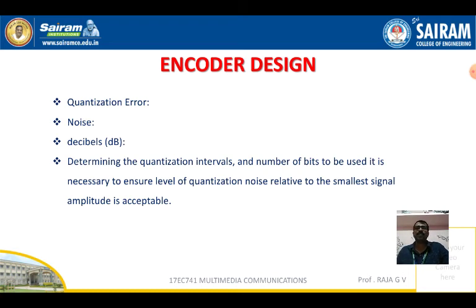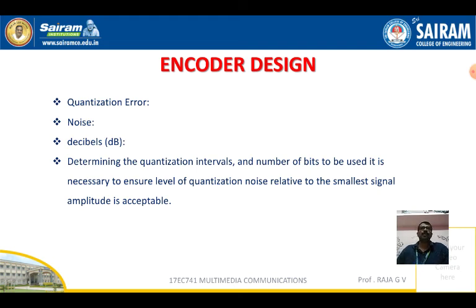The quantization error values will vary randomly from sample to sample, and the noise which is created by this error is called quantization noise.